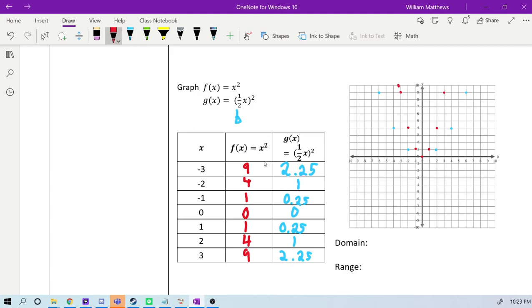Looking at the parent function yet again, staying the same, nothing changing. Same output for the same given input. Our transformation looks similar to our last transformation, if I can draw it correctly.